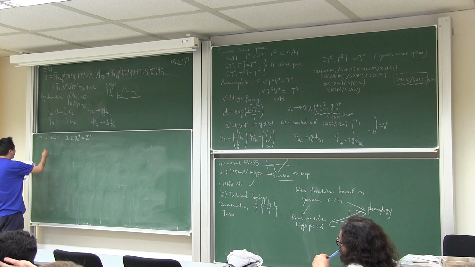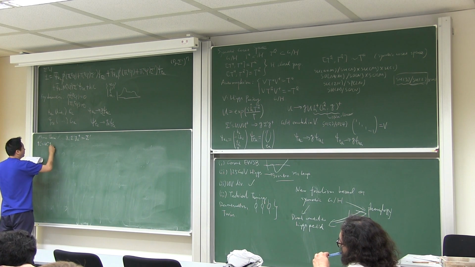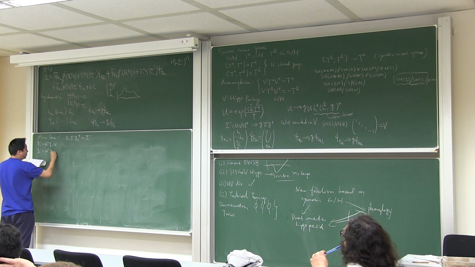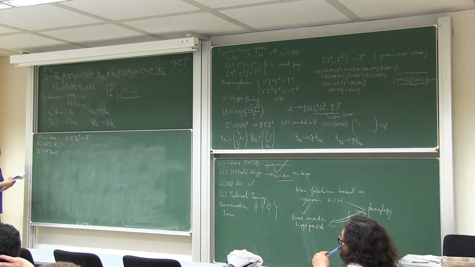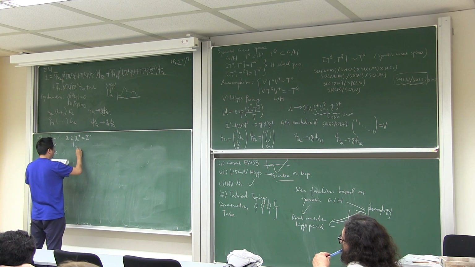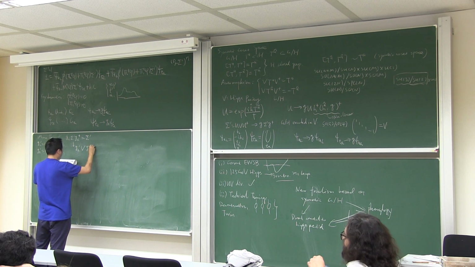So I can redefine another transformation, and in the end you will see this redefined transformation is the symmetry of the composite states. And then this becomes the G_V.